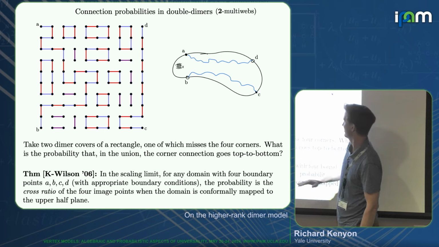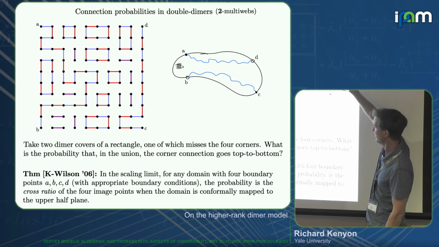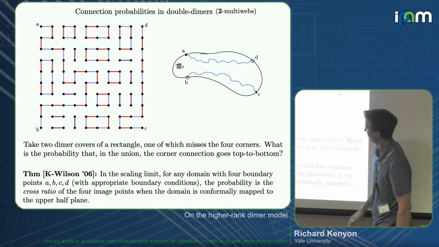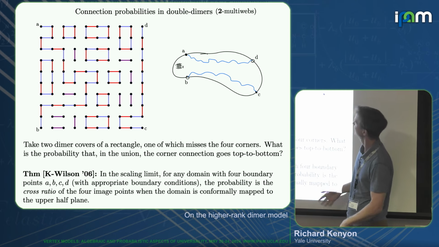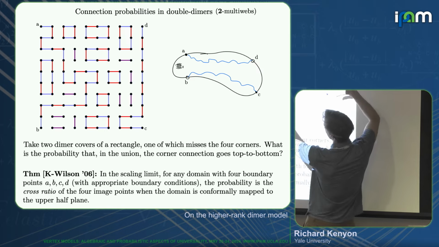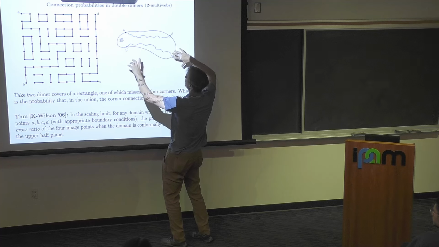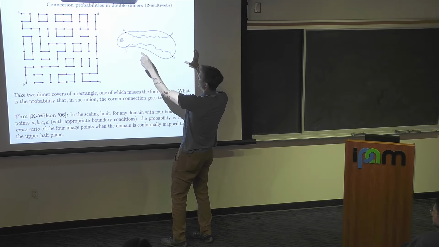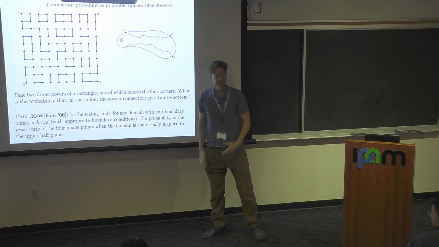In the scaling limit, for a simply connected domain with 4 boundary points, A, B, C, D, and I'm not going to tell you what the appropriate boundary conditions are, but you have to be careful about boundary conditions, then the probability is a very simple quantity. It's essentially the extremal length of that rectangle. If you take the domain and map it conformally to the upper half plane, then you just take the cross ratio of the image of A, B, C, D, appropriately defined. That is the probability.